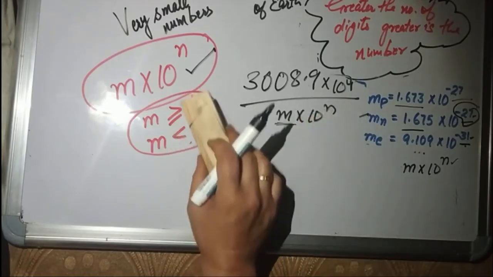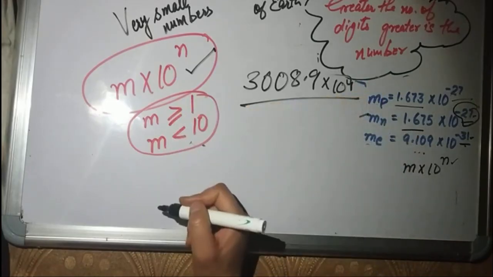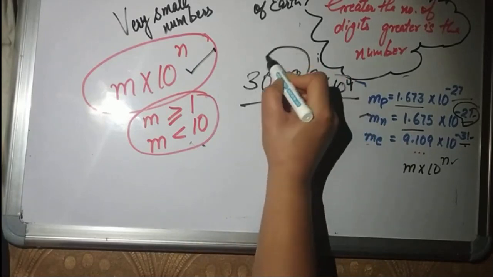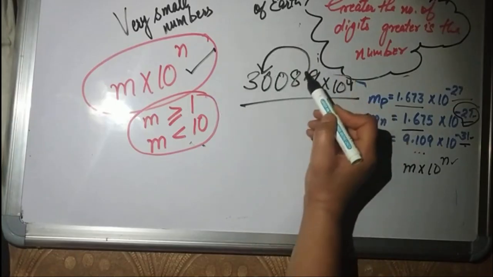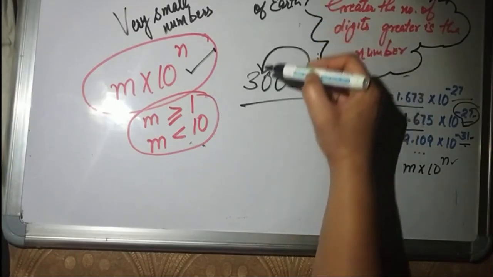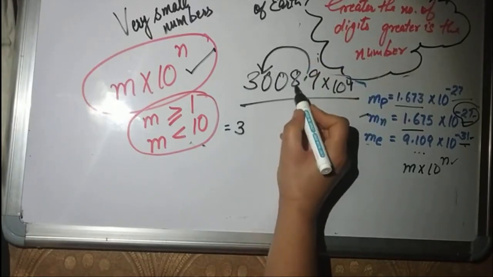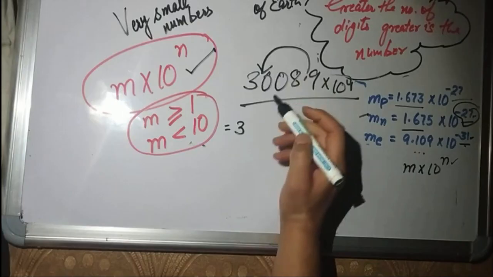It doesn't lie between 1 and 10. So we have to convert it. Please pay attention. We need to take this decimal to here. We don't want 3008.9, we want a smaller number. It depends upon how many places we have to shift it. We have to shift it 3 places back.